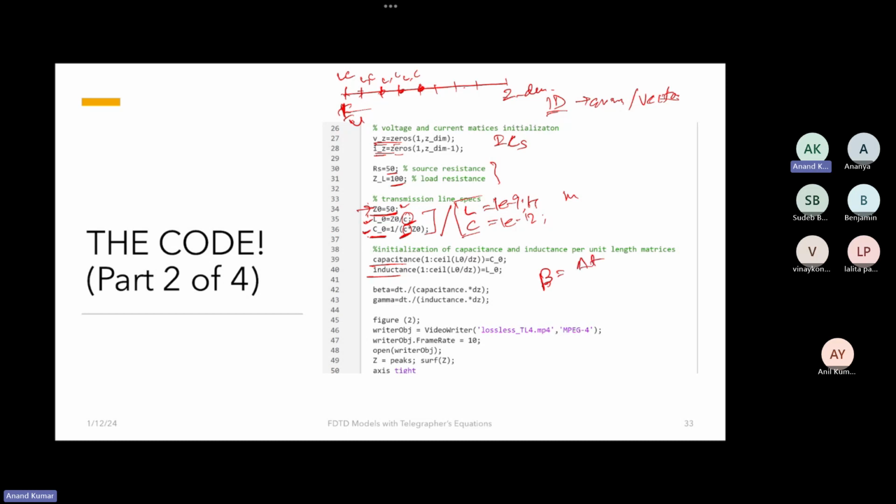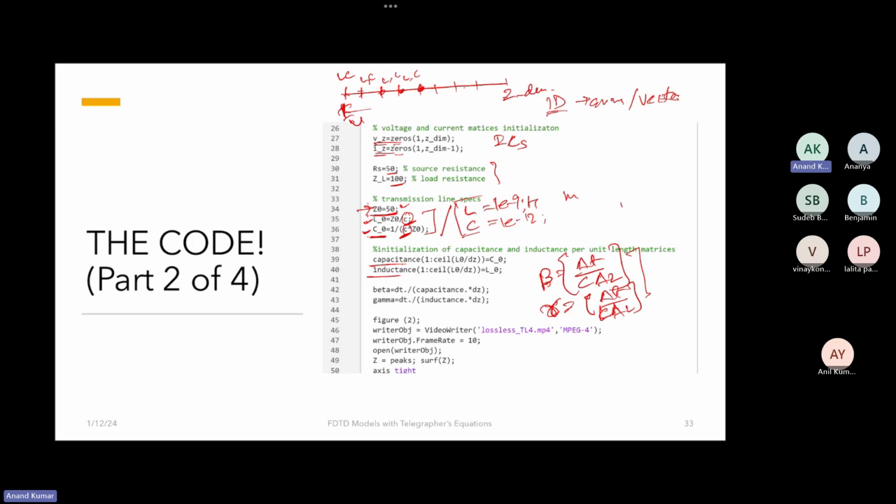equal to delta t by C delta z, which is the coefficient usually encountered for each step. You can directly write this inside the code as well, but I have written delta t by L delta z as gamma. So this is the coefficient which was used in the Telegrapher's equations when we used the update equations.